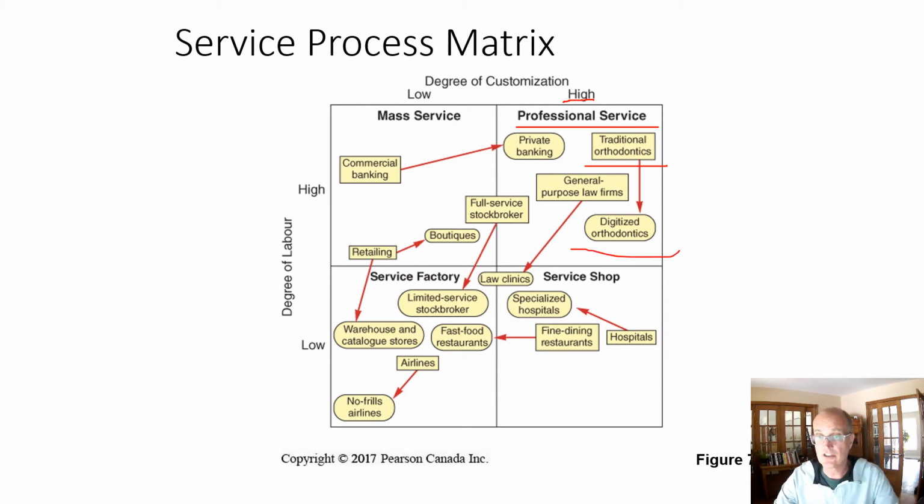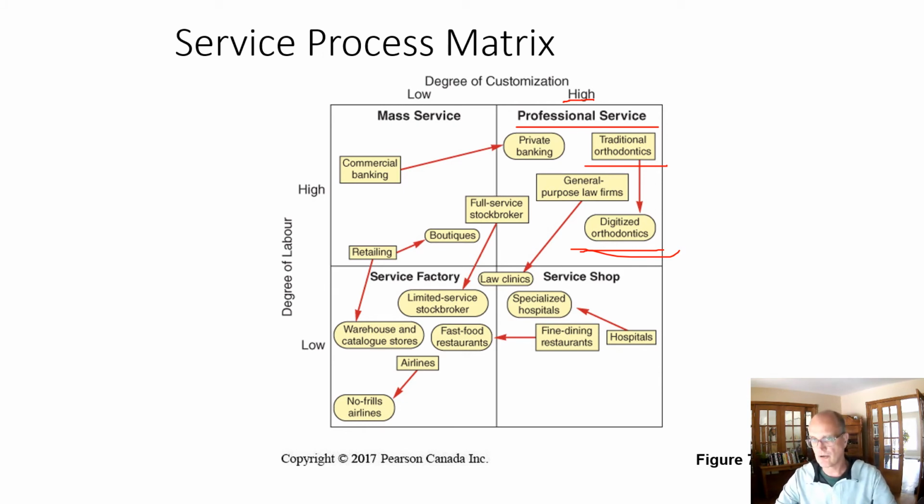In the case of digitized, where you might just send in an x-ray or an impression from your dentist, and they will send out a series of inserts that you will use yourself, clearly still highly customized, but the customer isn't there, the patient isn't there when you're doing it, and so it requires a little bit less labor.